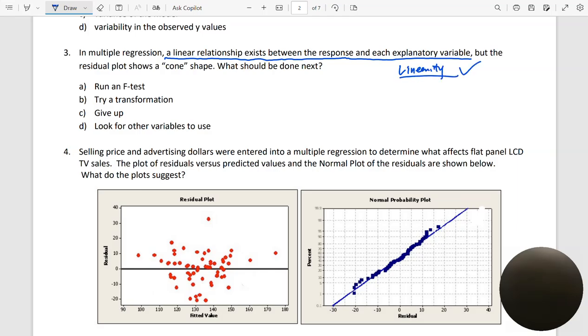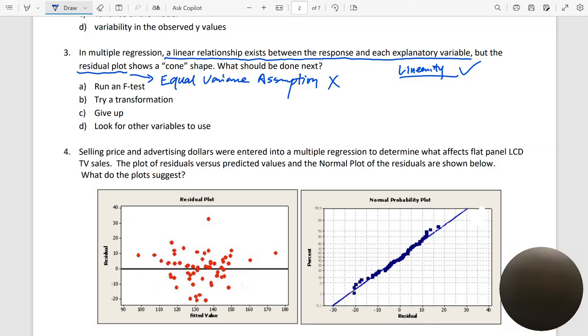But the residual plot shows a cone shape, and we use the residual plot to check the equal variance assumption. For equal variance, we expect the residuals to be equally distributed around the zero line. So if this residual plot shows a cone shape, that means the equal variance assumption is not satisfied.